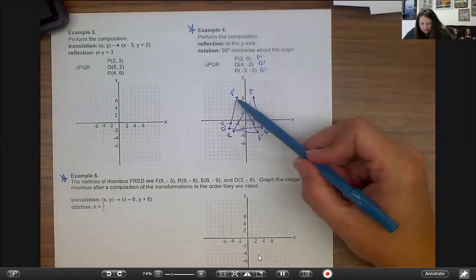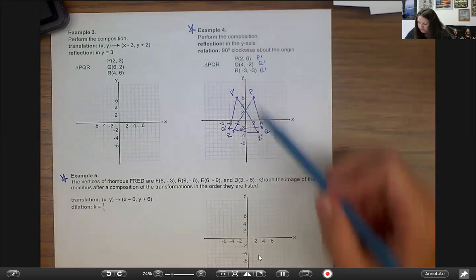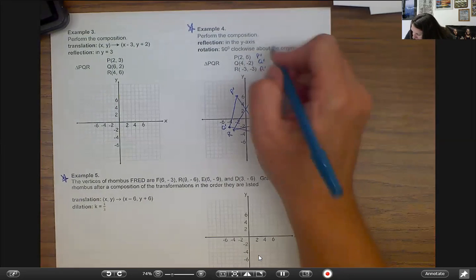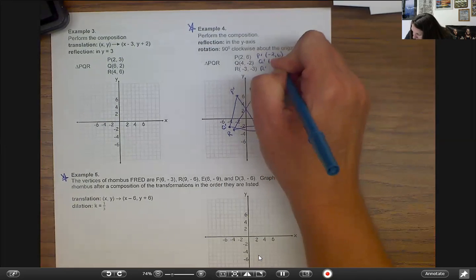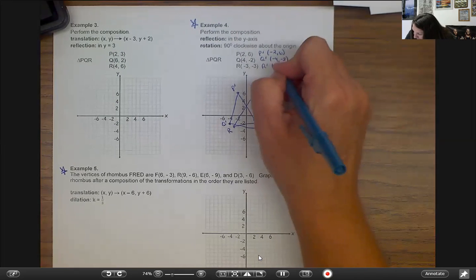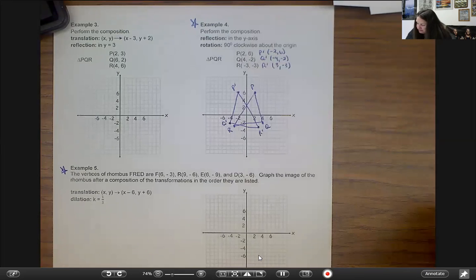So I'm going to look at my coordinate rules here. For my reflection on the y-axis, the x coordinate should just have the opposite sign. So that would make this -2, 6, -4, -2, and +3, -3, for my coordinates.